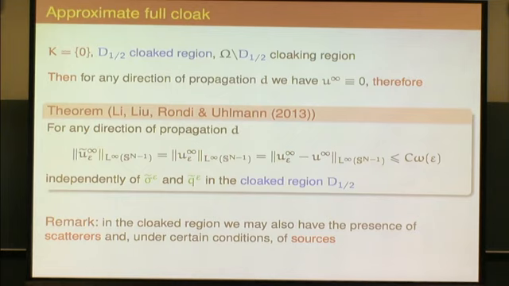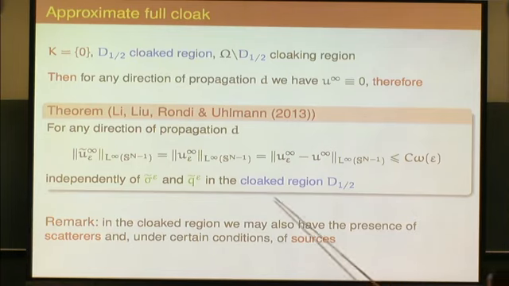You can put whatever medium in there, no matter what, and if you put into omega minus D1 half the cloaking medium that you get from this transformation, what you can see from outside is something which is of the order of omega epsilon. So if this is below your noise error, then you cannot see really anything. And so this is approximately cloaked from every direction.